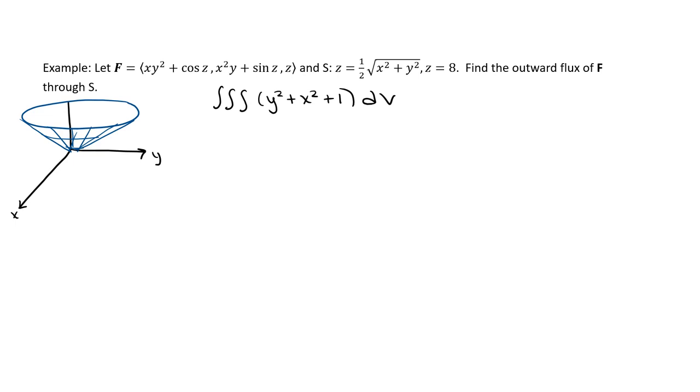Okay, so there's the volume integral I'm computing. Again, I'm going to convert this into cylindrical coordinates because that cone, z equals 1/2 square root x squared plus y squared, actually turns into z equals 1/2 times r. So the equation gets much simpler in cylindrical coordinates.